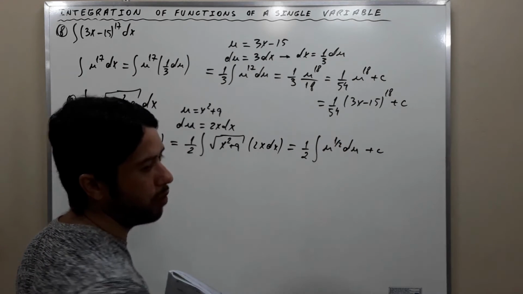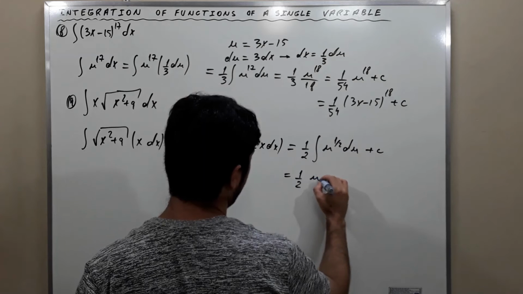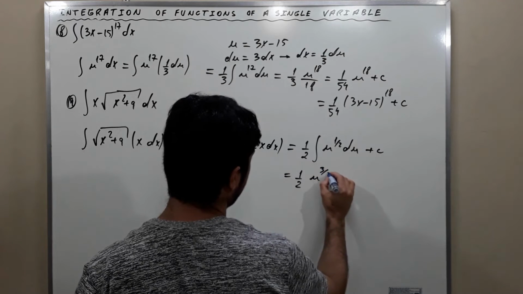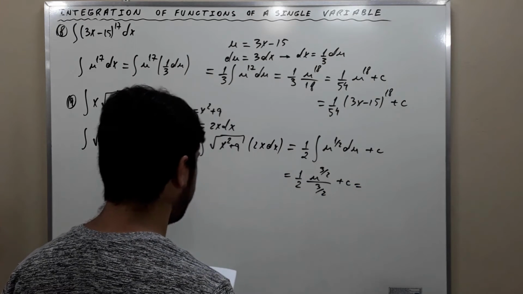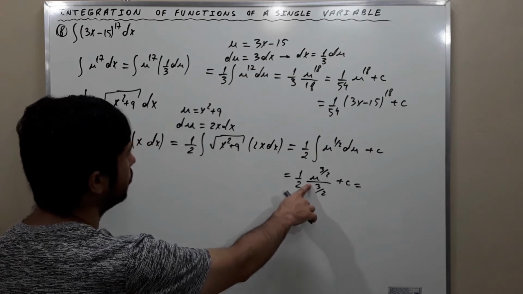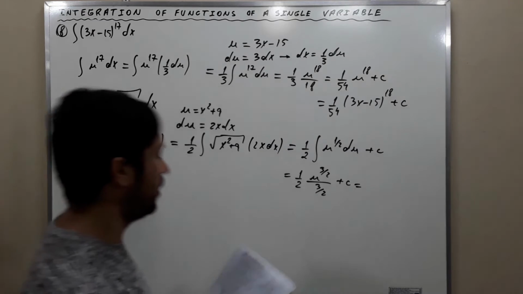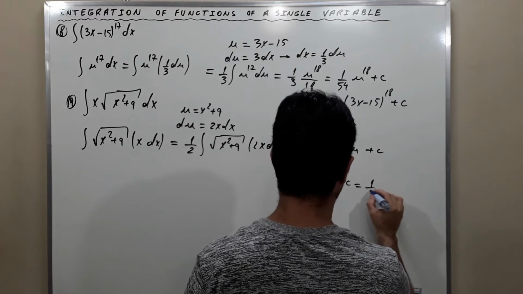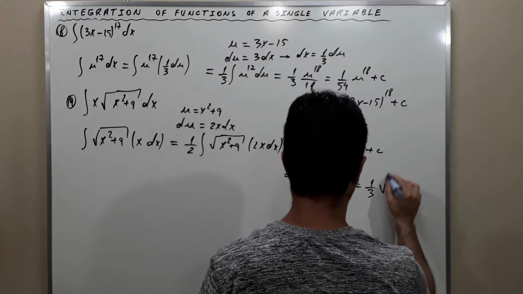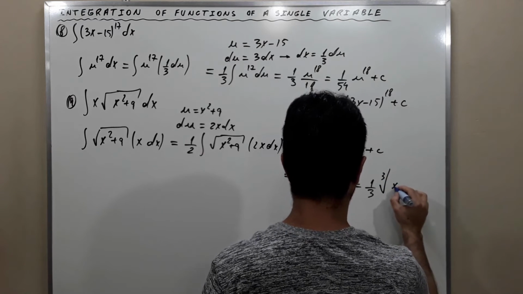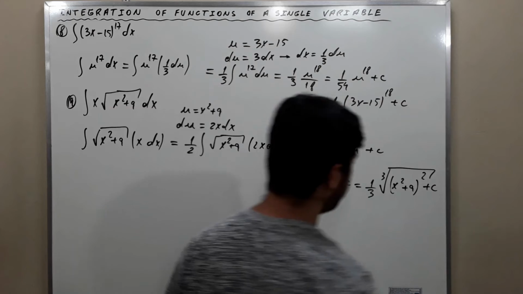I add 1 to the exponent, and it becomes a half of u to the 3/2 divided by 3/2 plus a constant of integration, and ultimately substituting back u to x squared plus 9, I get that this is going to be a third of the square root of x squared plus 9 cubed plus c, okay?